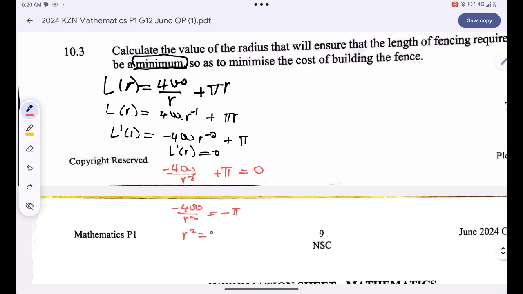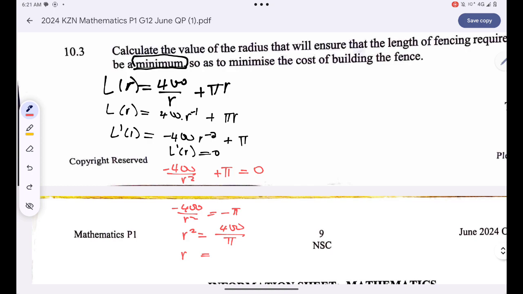So that's negative 400 divided by r squared is equal to negative pi, and then r squared, I can just cross multiply, will be equal to 400 divided by pi. So I can just take the square root on both sides, and then this will simply be the square root of 400 divided by pi. Pi, you can just press shift, and there's a button there, guys, at the bottom of your calculator, which is in the middle.